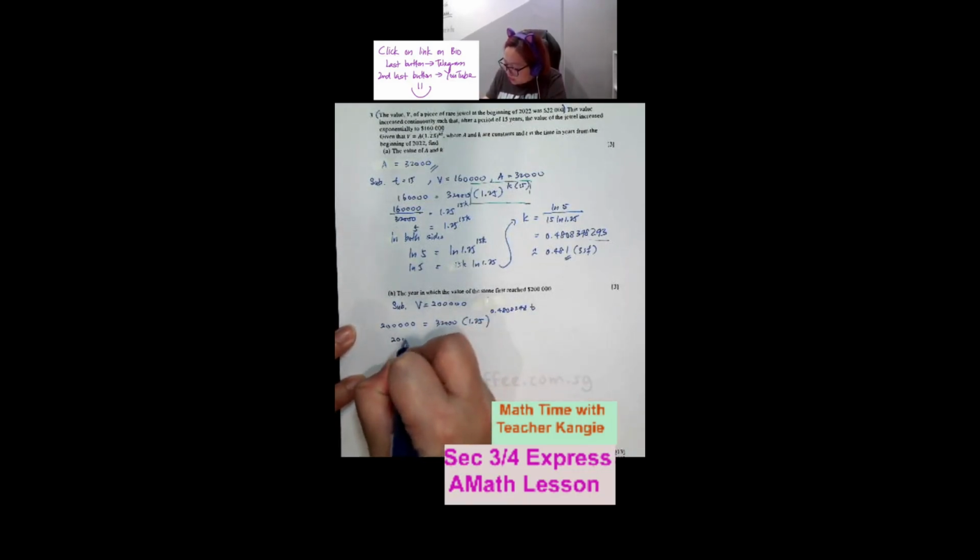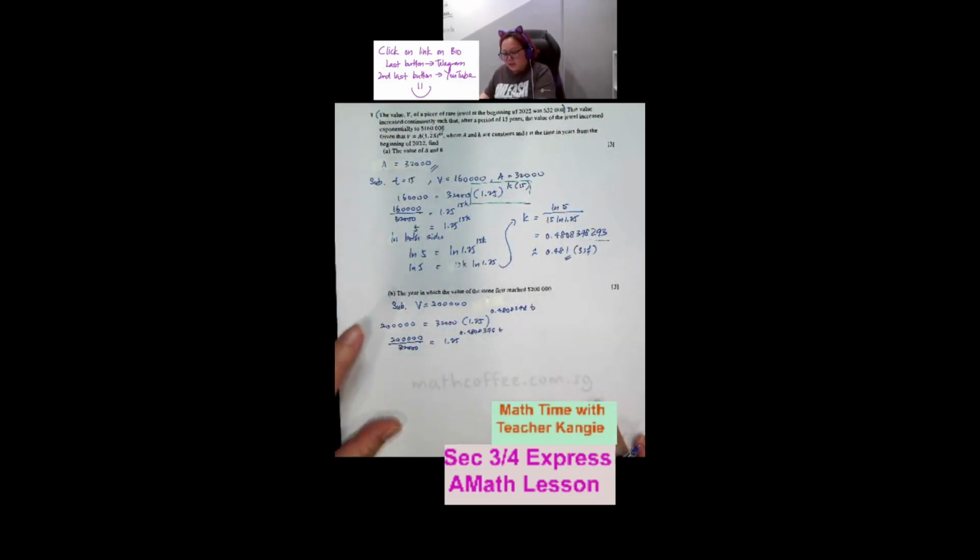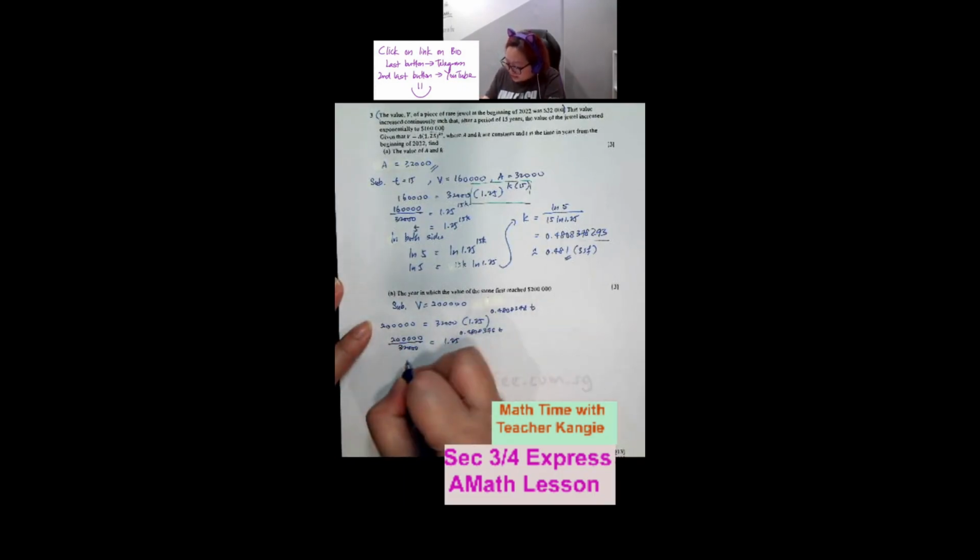So we have 200,000 over 32,000 equals 1.25 to the power of 0.4808378T. When you reduce to the lowest term, you get 6.25. So I write 6.25 equals 1.25 to the power of 0.4808378T.